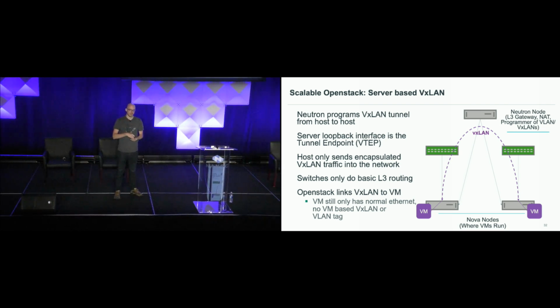What's happening is that the vSwitch is plugging in a VLAN on one side to a VXLAN on the other side. And that magic plugging in a VLAN to VXLAN is exactly what Neutron manages. So again, I, as a network operator, as a network engineer, care so little about your Openstack install that it's not even funny, because it's not my problem anymore. All of that gets handled in the compute layer.